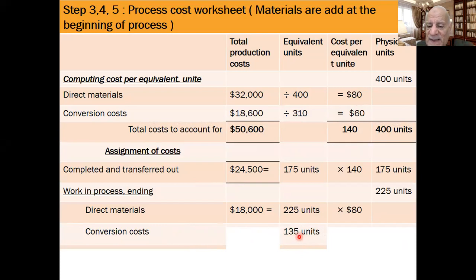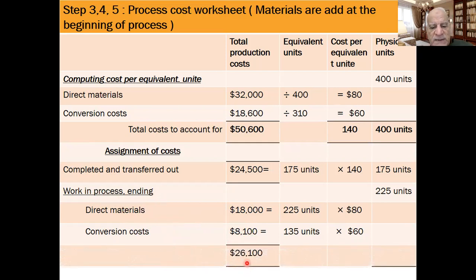Multiplying these equivalent units by the cost of the equivalent unit of the conversion cost, which amounts to $60, we will have the conversion costs to be assigned to this second part of the units equal $8,100. So the total cost assigned to work in process at the end of the period will amount to $26,100.